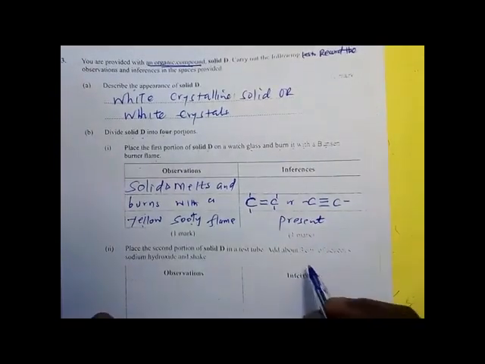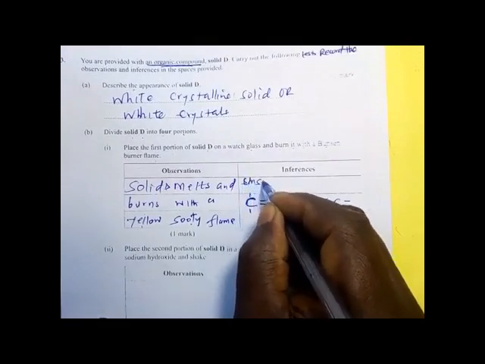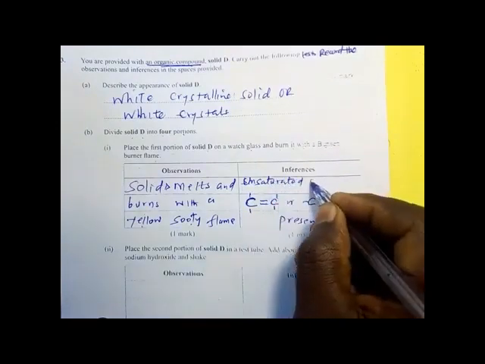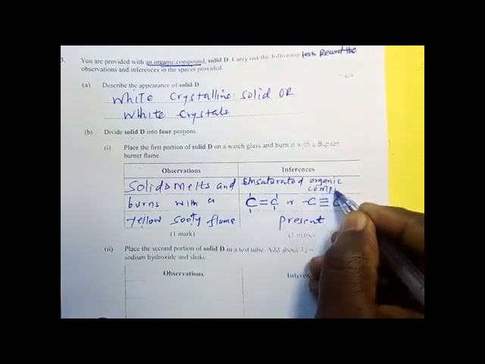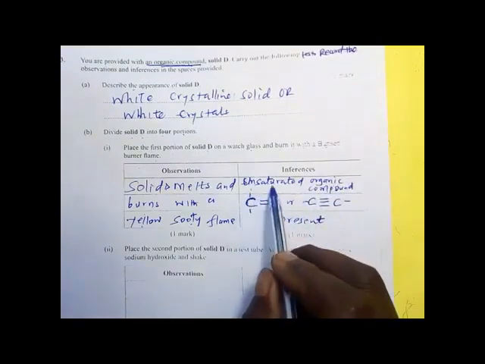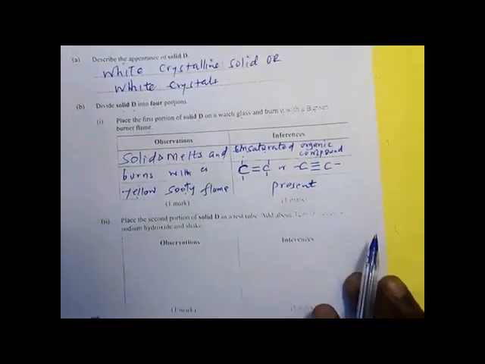It is acceptable for you to say unsaturated organic compound present. It is acceptable.